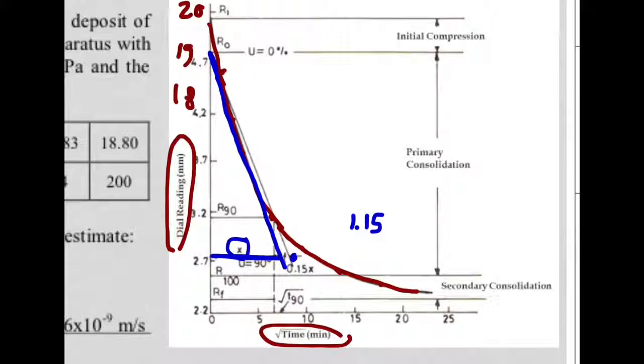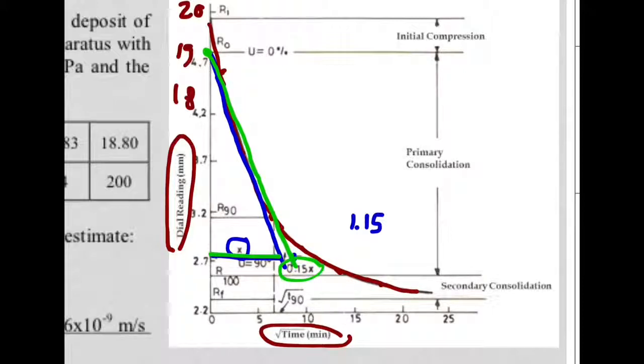Then you can draw another line starting from the same point, but shifted a little bit by 0.15x. We have this distance multiplied by 1.15, and you get this one here.